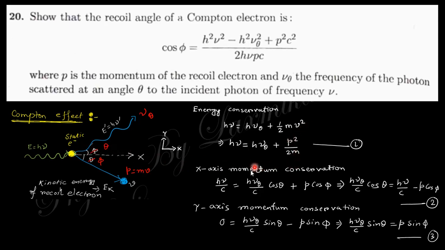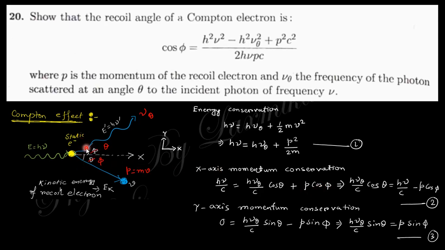Now take the conservation of momentum along the x-axis: h nu by c equals h nu theta by c cos theta plus p cos phi.